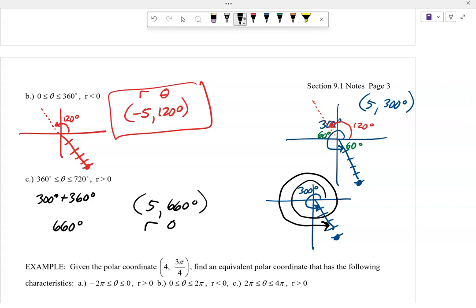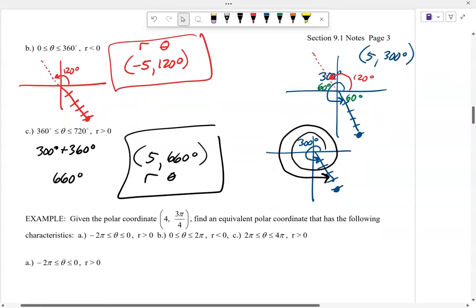That is also the same spot in polar coordinates. So A, B, and C are all equivalent polar coordinates. So polar coordinates, again, are not unique. Okay.